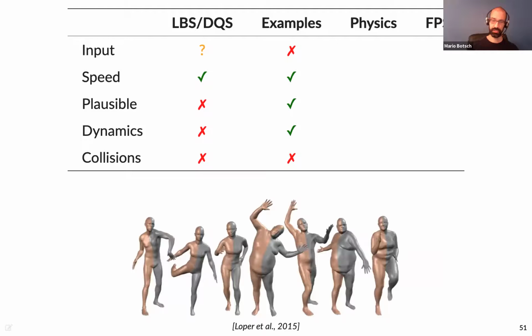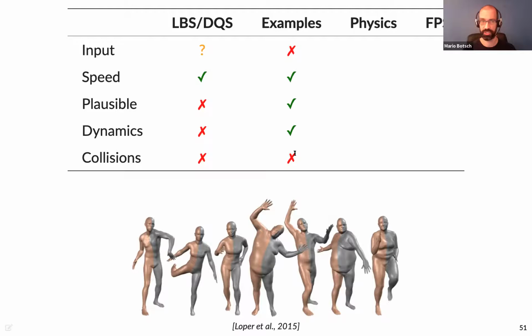So there are example-based skinning techniques, as for instance the SMPL or SMPL-X model from Tübingen. And they are also very fast because they are an extended version of linear blend skinning. They give you very plausible results because they have been trained from lots of data, like many different people in many different poses. You can even put secondary dynamics on top.